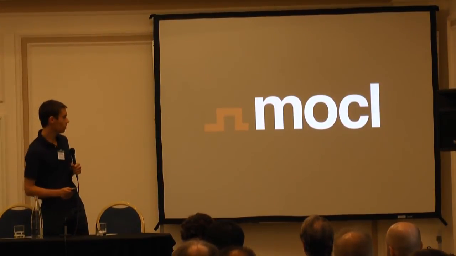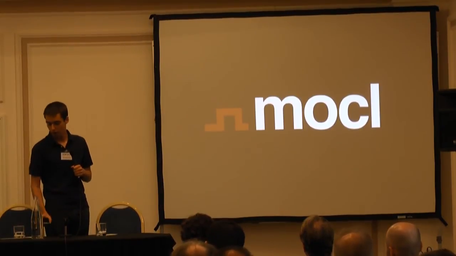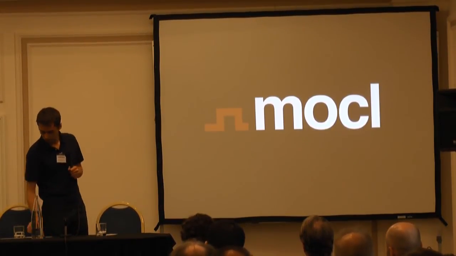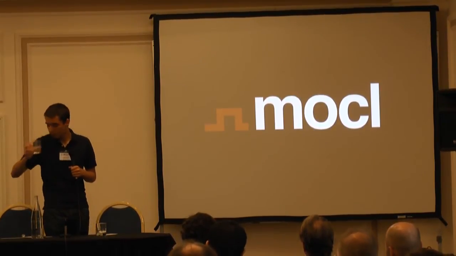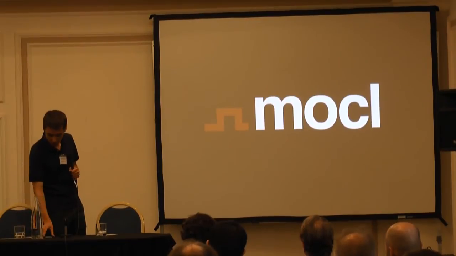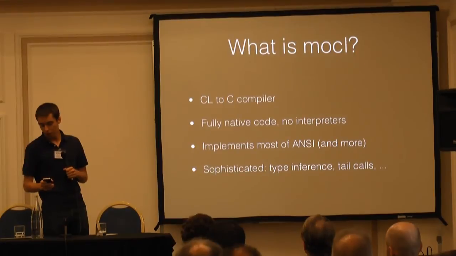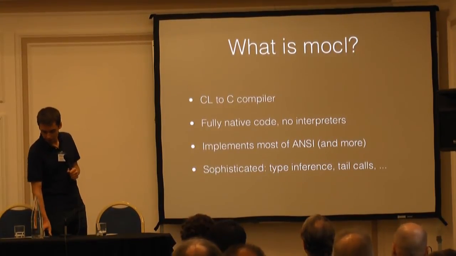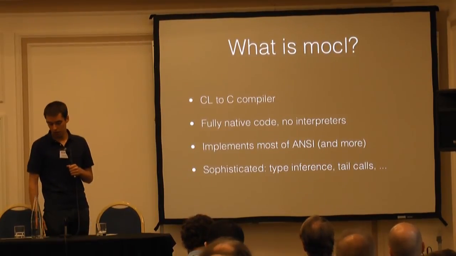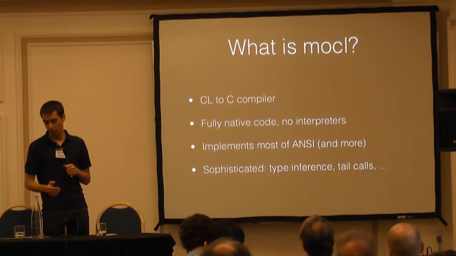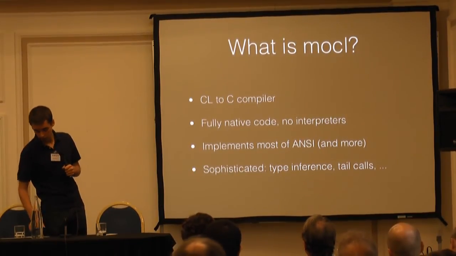So, Mocl. For all of those reasons and more, I started working on Mocl a couple of years ago full time. This is just sort of my personal project. So what it actually is, it's a Common Lisp to C compiler. So it gives you fully native code.